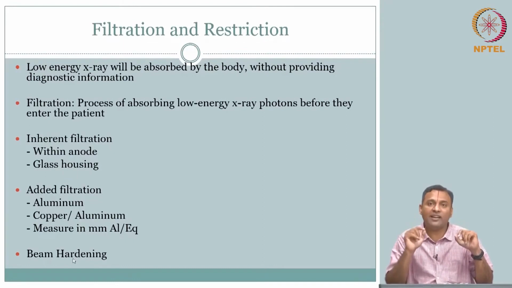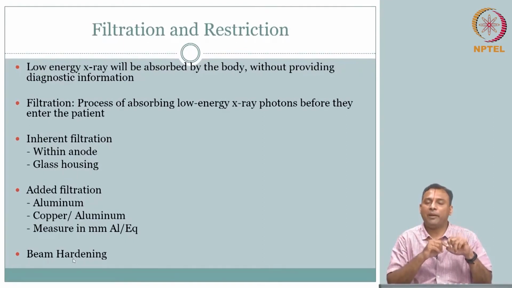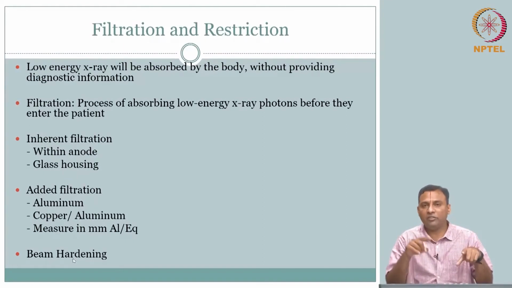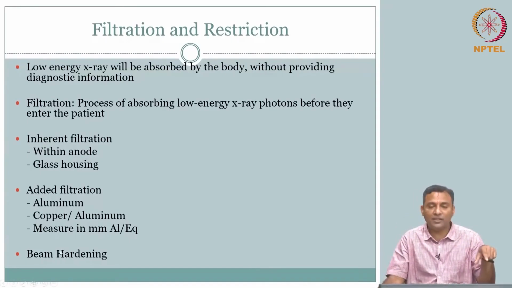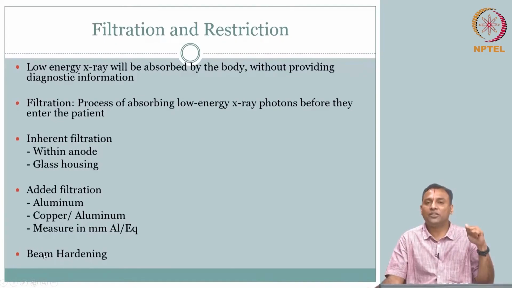There was a beam hardening artifact. I said maybe I'll talk about this when we get there. Maybe you will be able to explain this yourself. To top it, the previous lecture we talked about beam softening. So, can you now tell to yourself what is beam hardening?